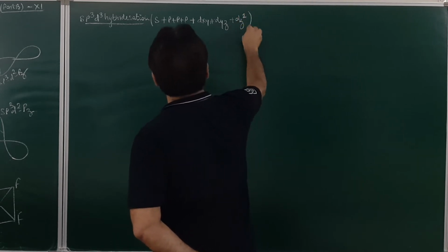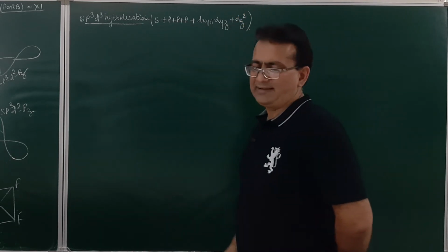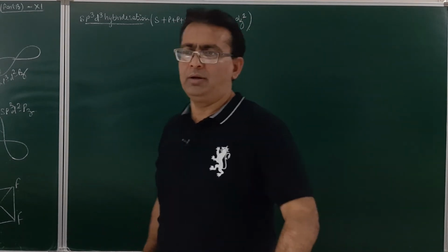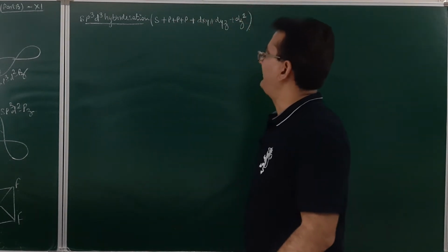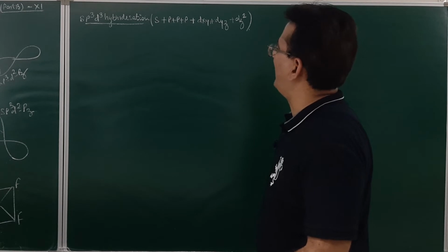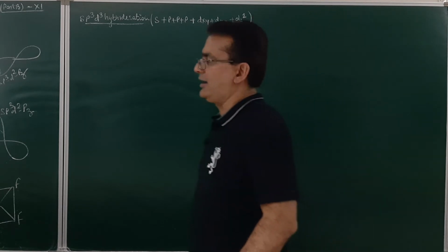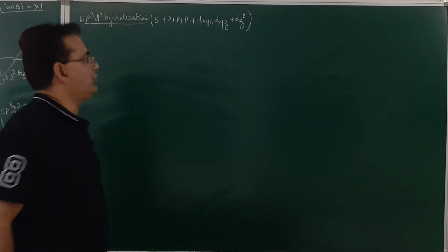Am I clear? These are the seven hybrid orbitals which will mix together, resulting in the formation of pentagonal bipyramidal geometry with a bond angle of 90 degrees and 72 degrees.